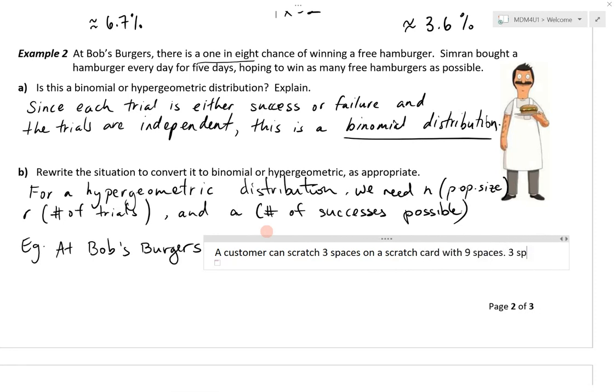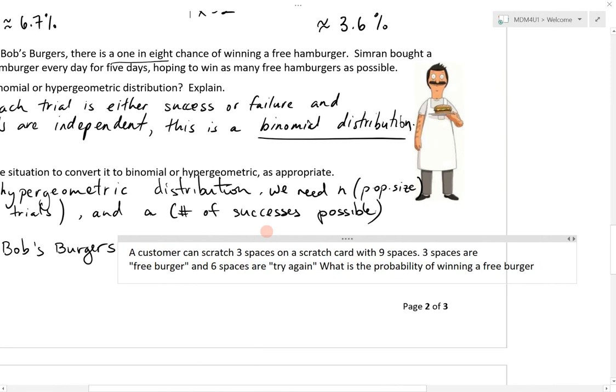So 3 spaces are what we'll call the free burger, and 6 spaces are try again. So now we have our successes and failures. Okay, so then what is the probability of winning a free burger?